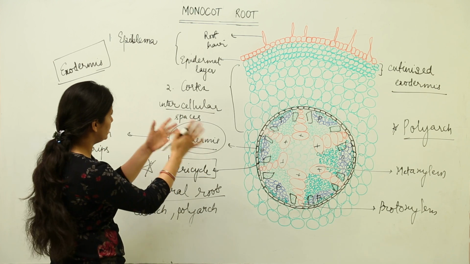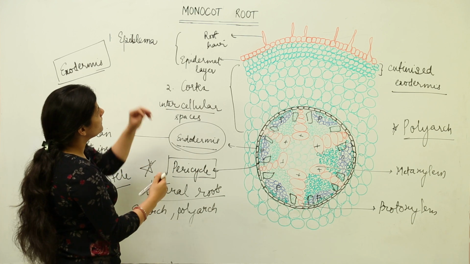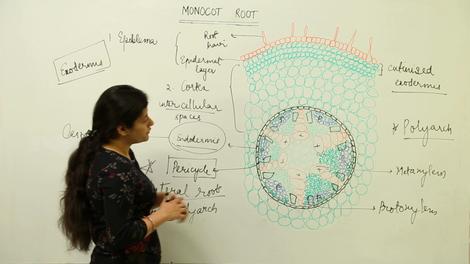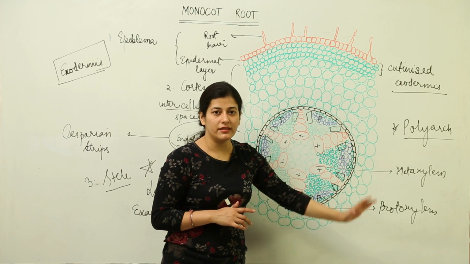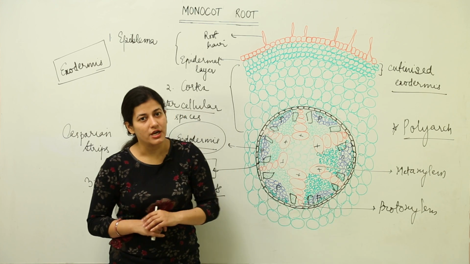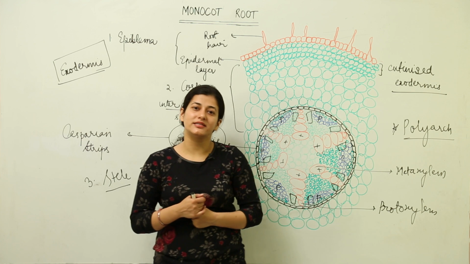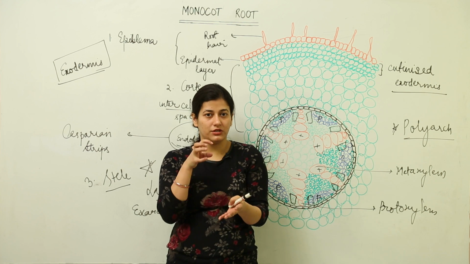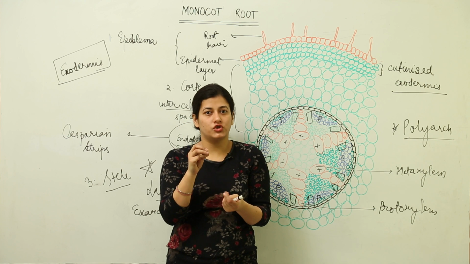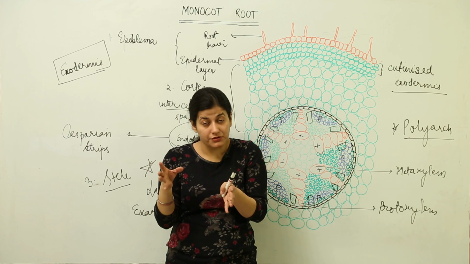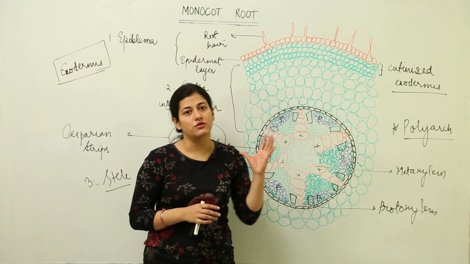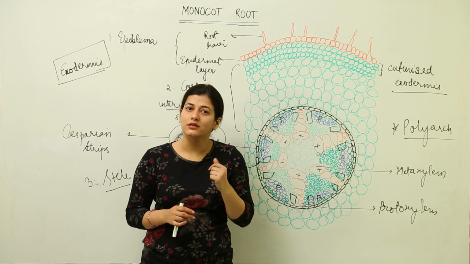Over here we have a huge pith. The cortex is similar, epiblema is similar, rest all things are similar. The only point of difference is in the stele and the number of vascular bundles present. So this is all you have to understand about monocot root. Now one thing you have to keep in mind is to keep track of the points of differences that we have studied in the case of monocot root and dicot root.